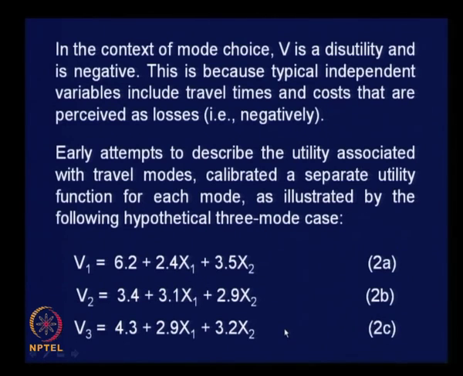Let us say the second x2 is travel cost, for example, then the coefficients are varying 3.5, 2.9 and 3.2, because these functions are developed independent of the alternative modes competing for one another for the travel market, and this is how initially utility functions were developed.